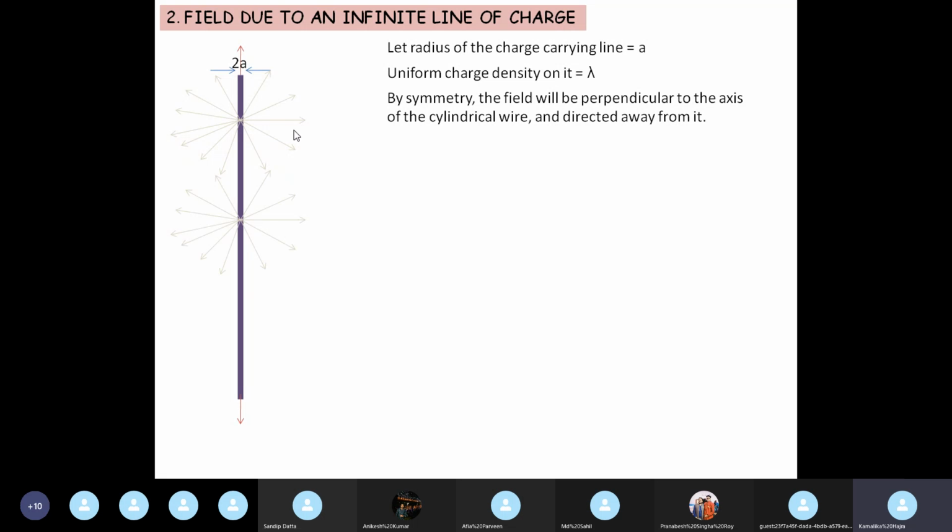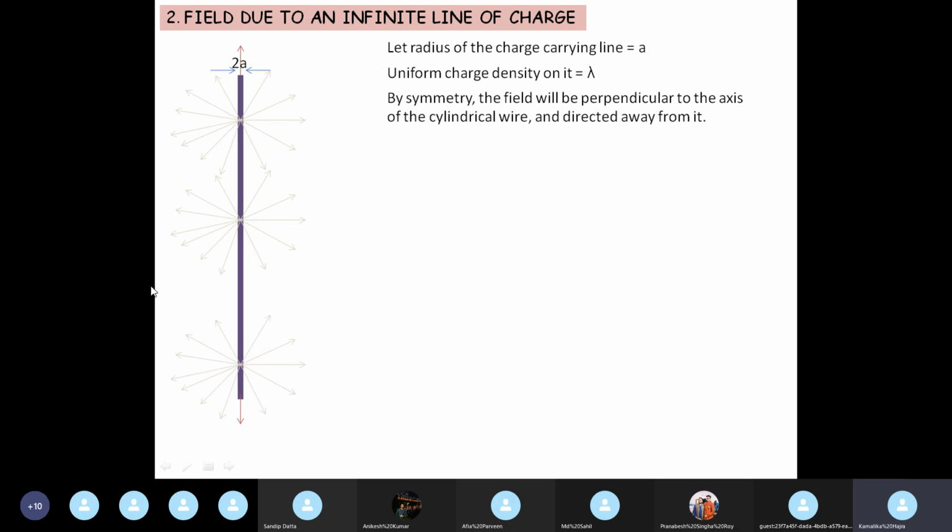It is the same throughout the rod. Since the charge is uniformly distributed, from each point on the rod the electric lines of force radiate out perpendicular to the axis, which is along this length, and away from it.